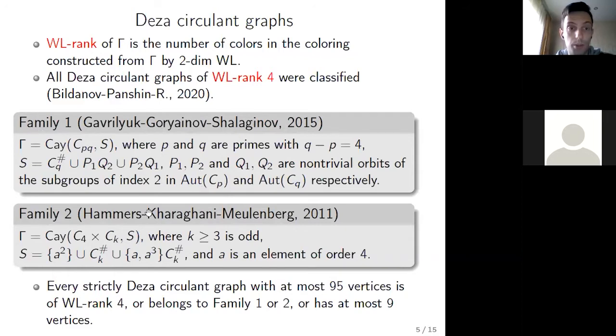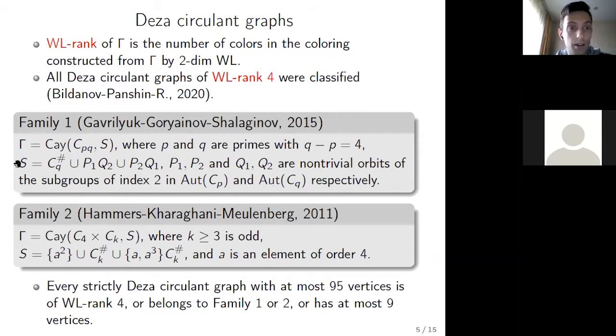Let P1 and P2 be non-trivial orbits of the subgroup of index 2 in the automorphism group of the Z_p subgroup. In the same way, the sets Q1 and Q2 are defined, but of course, when we deal with the Z_q subgroup of our group.